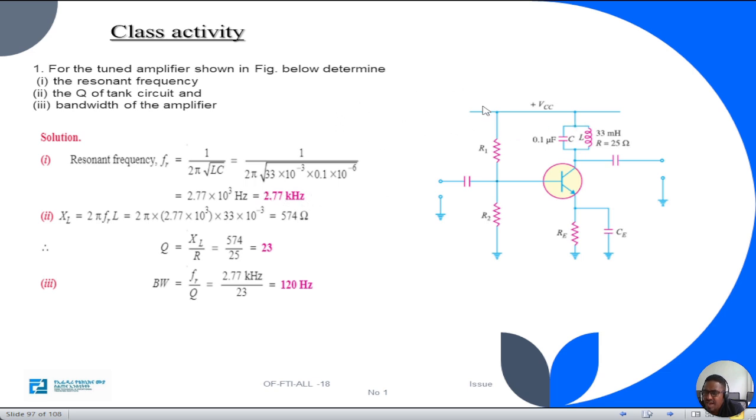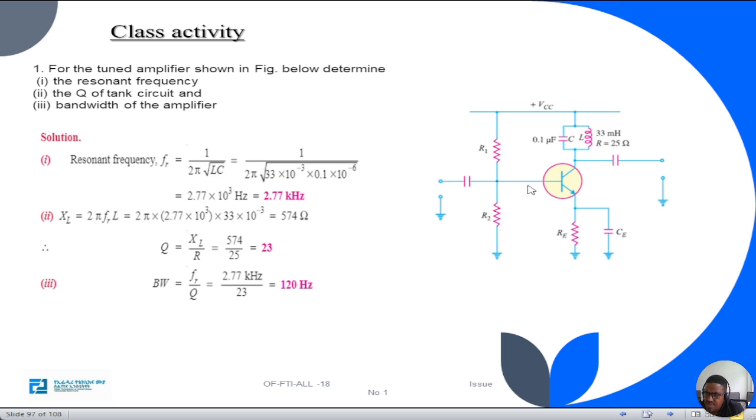Again, the quality factor of that tuned circuit becomes energy stored over energy lost, that is XL over R. To find XL, convert the inductor to inductive reactance using the frequency: XL equals 2 pi FR L, where FR is 2.77 kilohertz. So our inductive reactance is 574 ohm. Our resistance is 25 ohm. Our quality factor is 20.